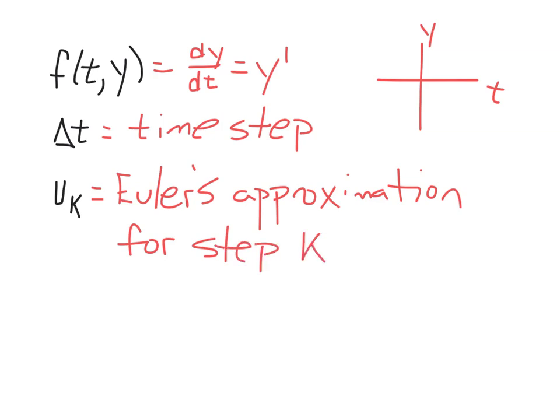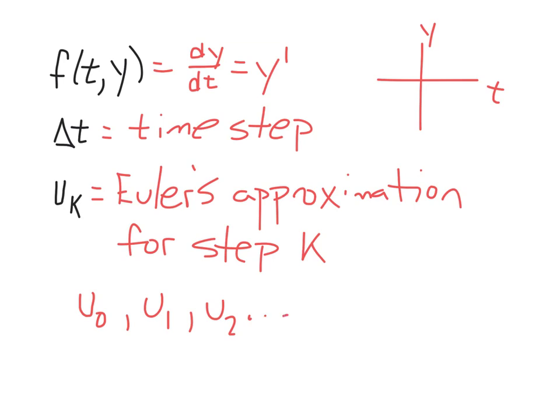Depending on how far or how many steps we want to do, u sub 0 would be our initial value, and then we would have u sub 1, u sub 2, all the way until the end of however far we're measuring out.